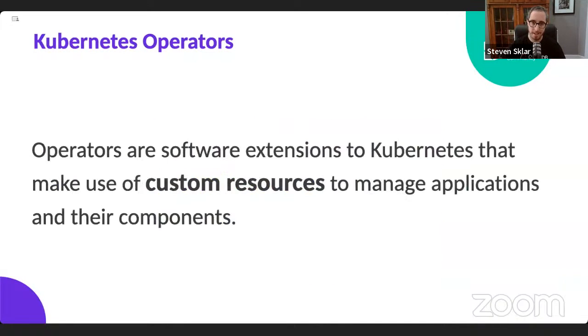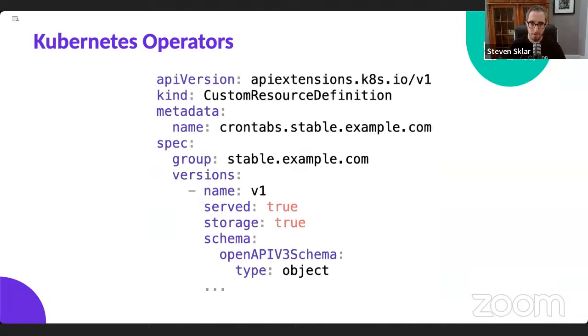To really understand what operators are, I think it's important to go into a little bit about custom resources and custom resource definitions. A custom resource definition is a specification of a new type of Kubernetes object that you create and that you can deploy into your cluster and then use.